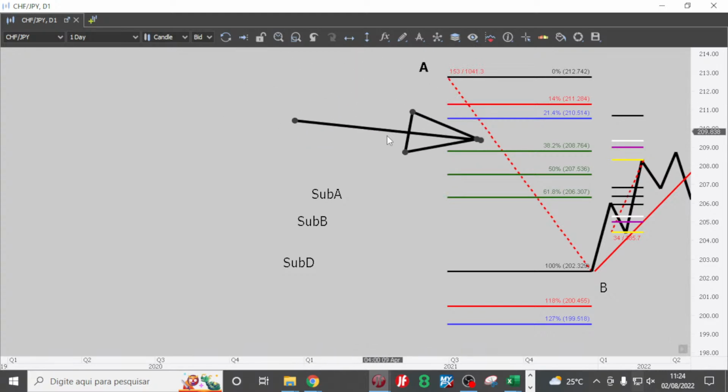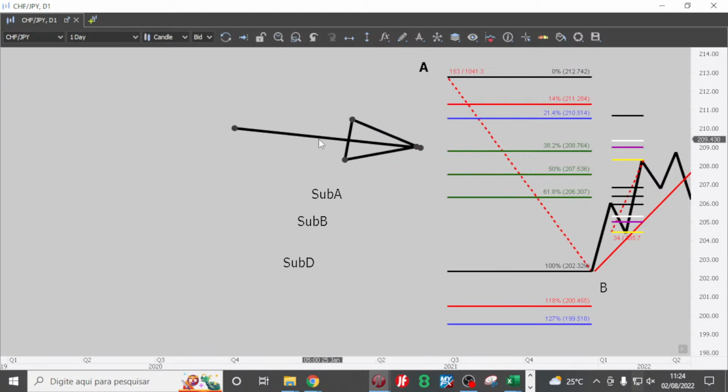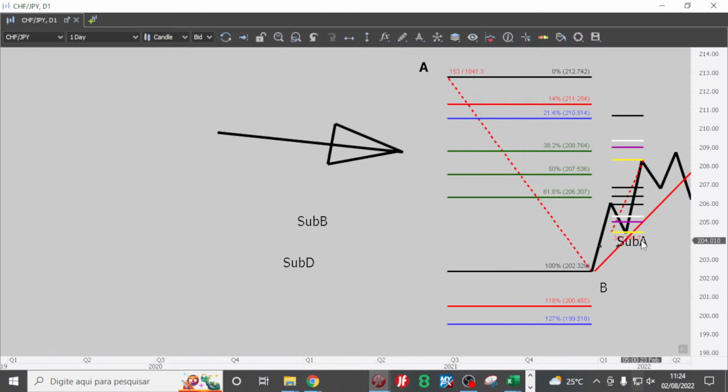We have the down Fibonacci and our Contrarian Fibonacci with our sub A, sub B, sub C, and our sub D extension is up in here.